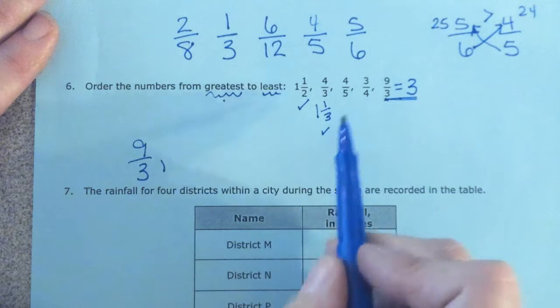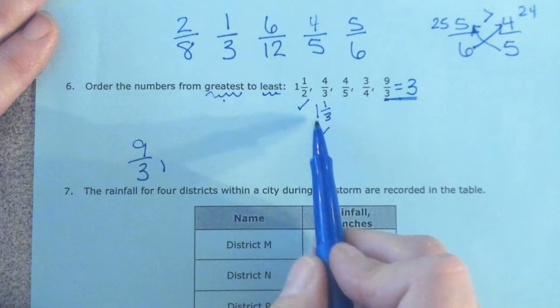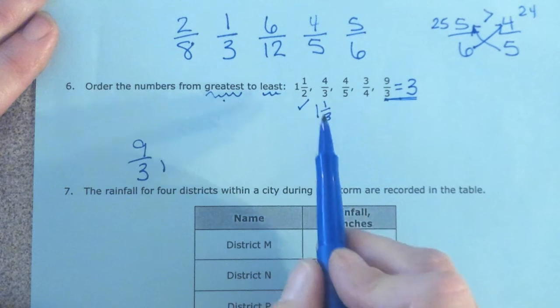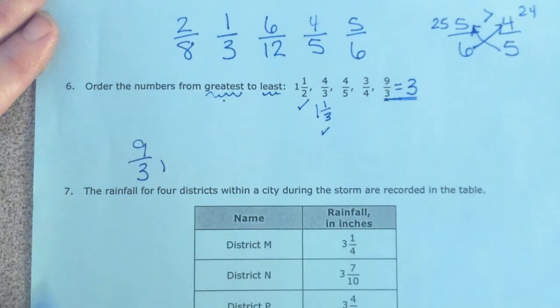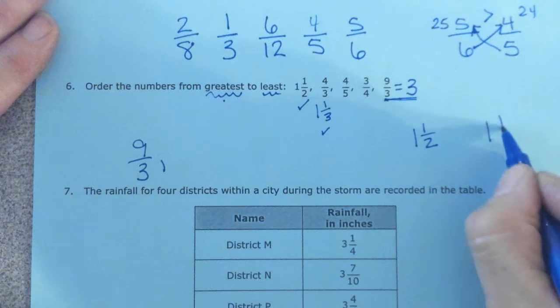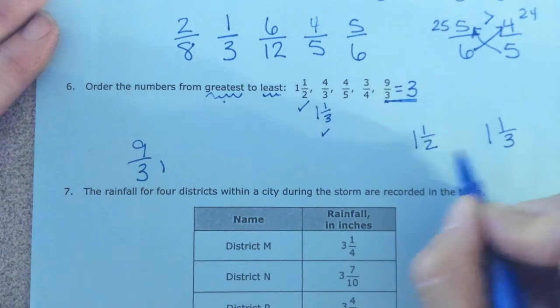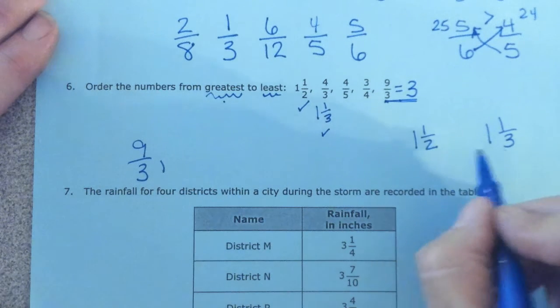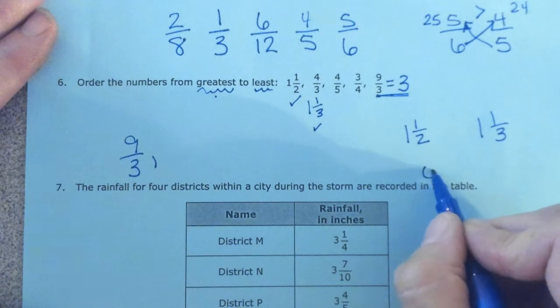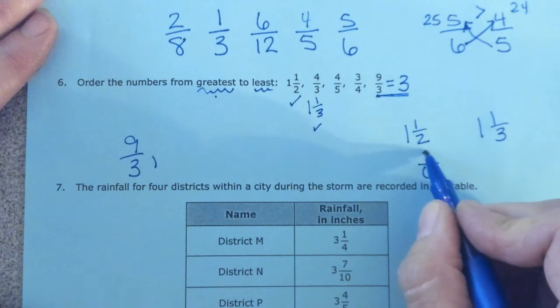Okay, working on down. These are less than a whole. These are bigger than a whole. So which one is bigger? 1 1/2 or 1 1/3? Another strategy we did was finding the common denominator. 1 1/2 and 1 1/3 can both be built up to have a denominator of 6. 2 times 3 is 6, so 1 times 3 is 3.